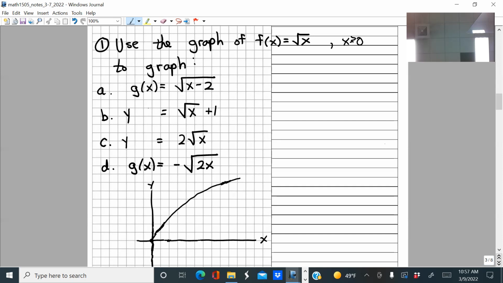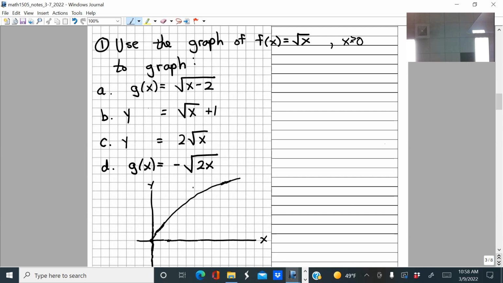All right, and now let's see if we can use our knowledge of what square root of x looks like, without too much work, to graph these other functions, which are a little bit more complicated than square root of x. So how do we do that without having to plot points?